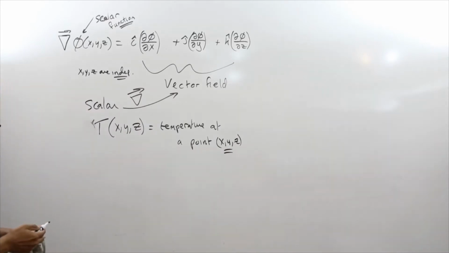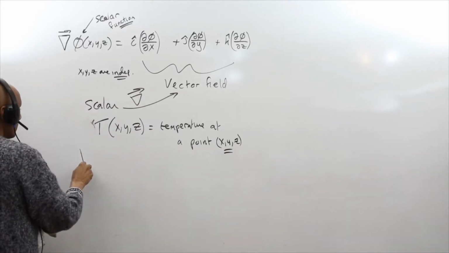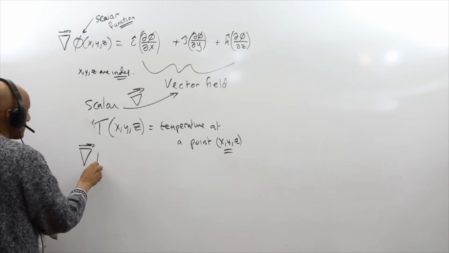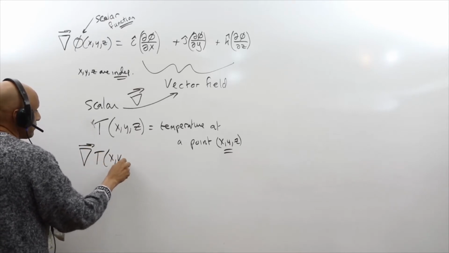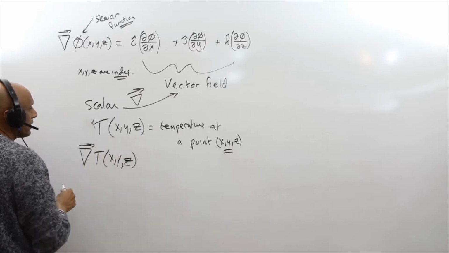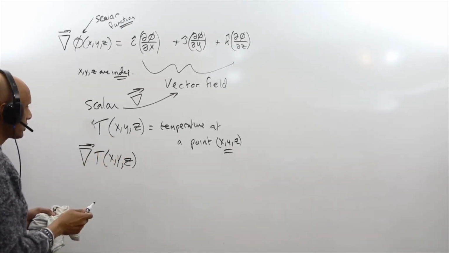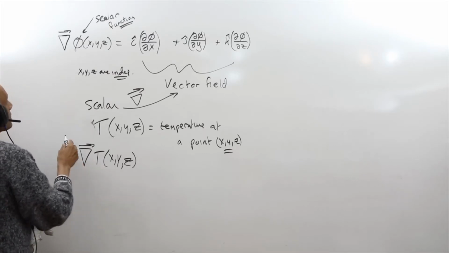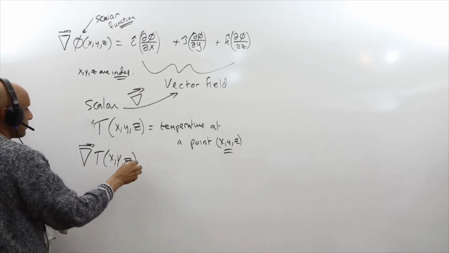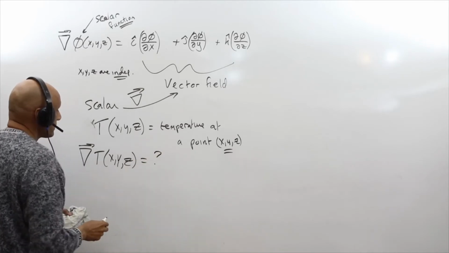So here's the temperature. My problem now is, what is this vector field that's generated from this temperature, which is a scalar function? It has no direction, and we're plugging it into the gradient. So this is the gradient, and we're calculating something. Our problem is, what does this mean?